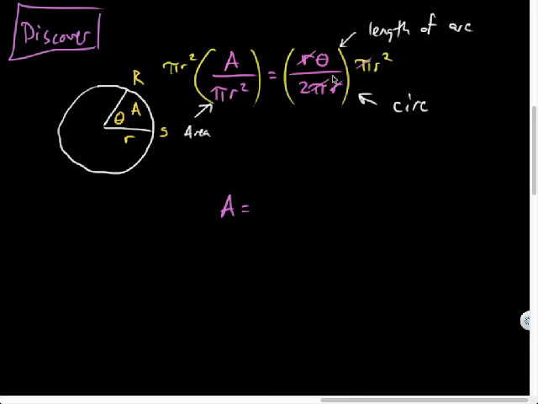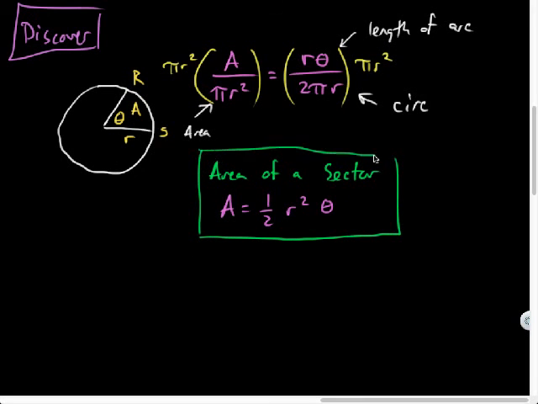This pi and this pi cancel out. 2 in the denominator, I'm going to write that as 1/2. I'll have an r squared theta. And this is the area of a sector. This only works if theta is in radians.